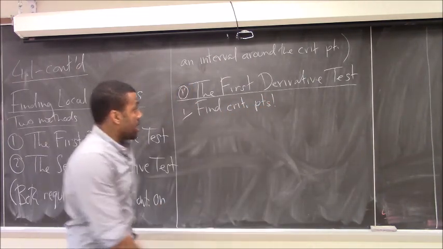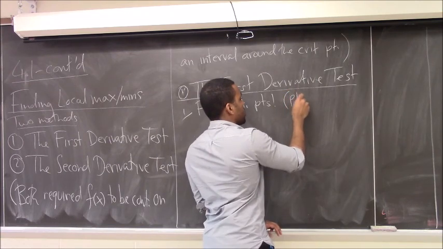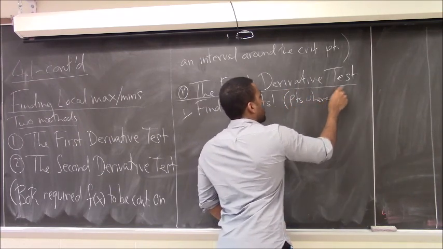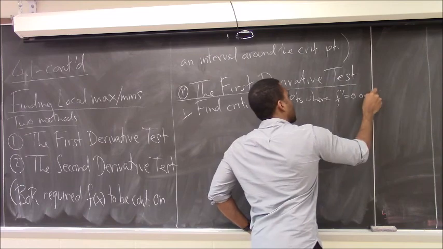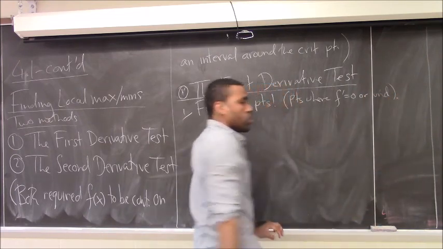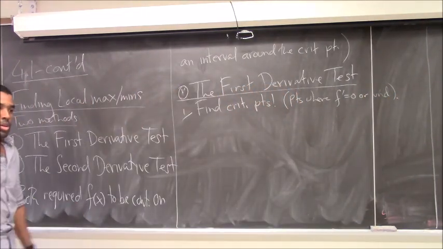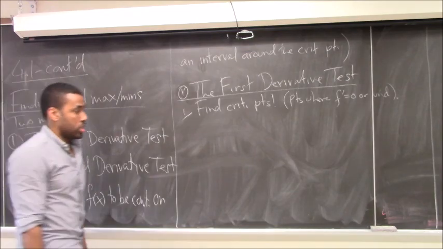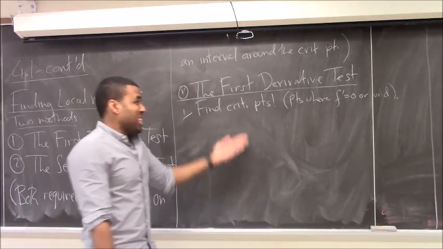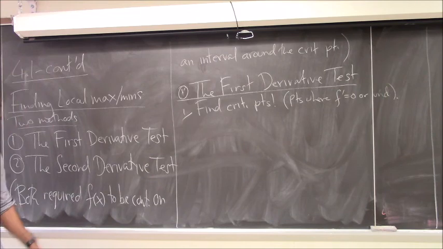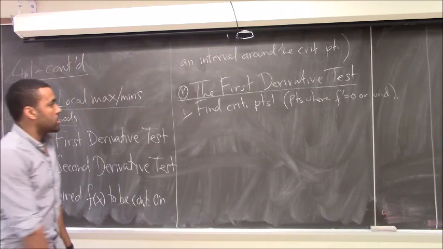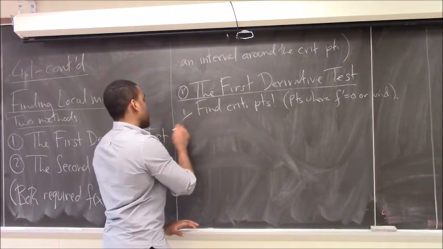You might remember from last time, these were the points where f prime equals 0 or is undefined. So find all such points on some interval of consideration. If an interval is not given, you're finding them on the entire real line. Find all the critical points.